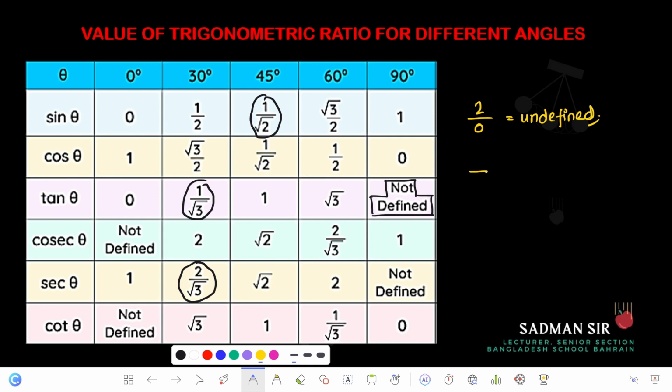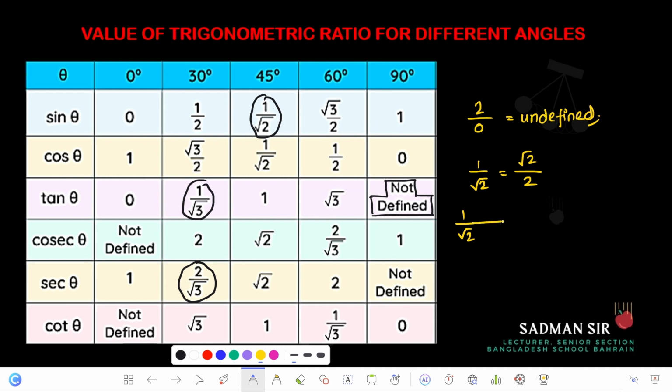In the calculator, 1 by root 2, it will not show you 1 by root 2. If you write sine 45, they will show you root 2 by 2. So you cannot write root 2 by 2, you have to write 1 by root 2. Now why it shows this way, I will tell you. In the calculator the program is set in such a way that there should not be any root in the denominator.